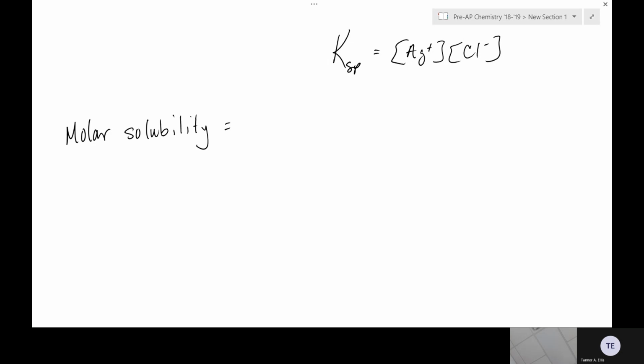Okay, everybody good? Here's the deal. Molar solubility on these problems is x. So for instance, we've got silver chloride solid going to silver plus chloride, right?